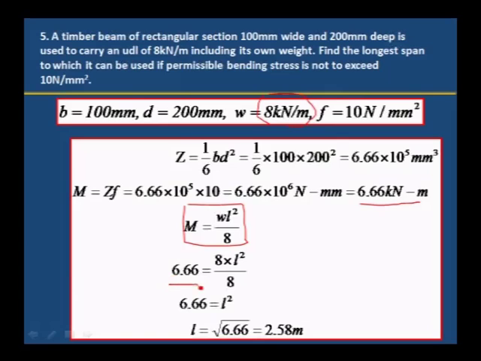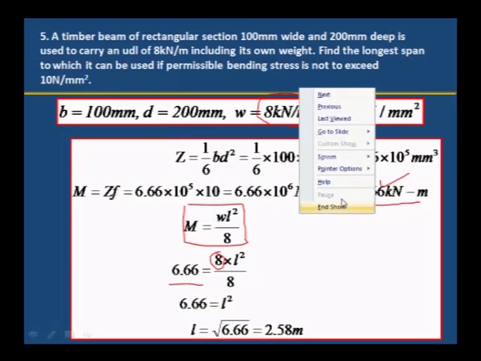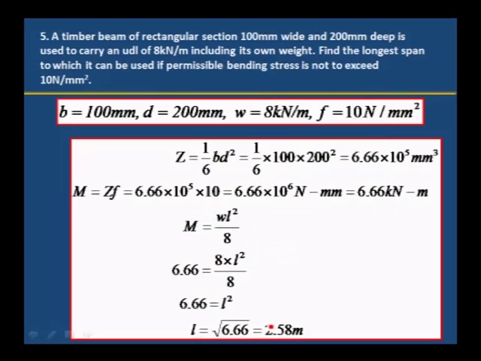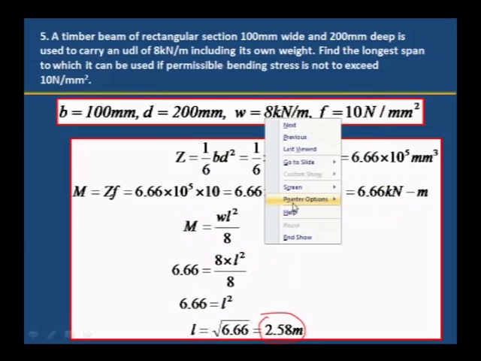M is 6.66 as determined, L we don't know, and W is 8, which is given in the problem. Therefore, L square is equal to 6.6, then L is equal to the square root of 6.6. You will get the L value as 2.58. The span of the beam is 2.58 meters.